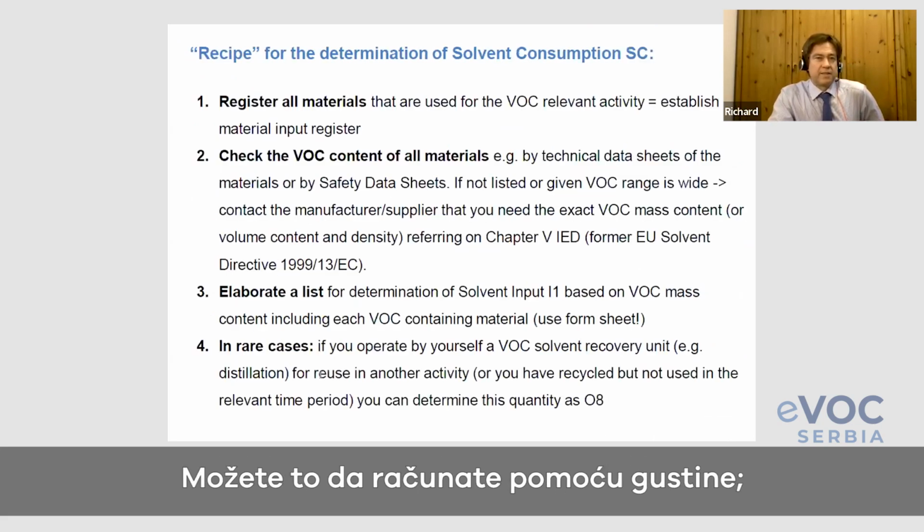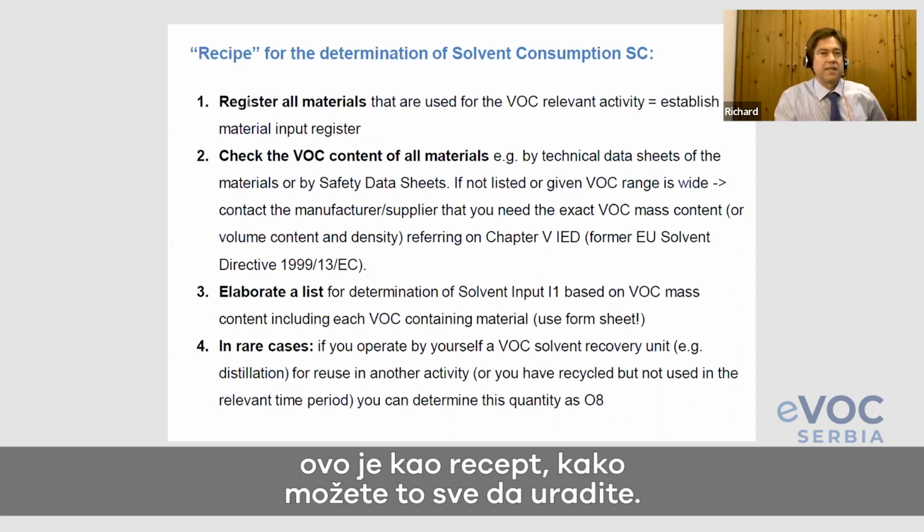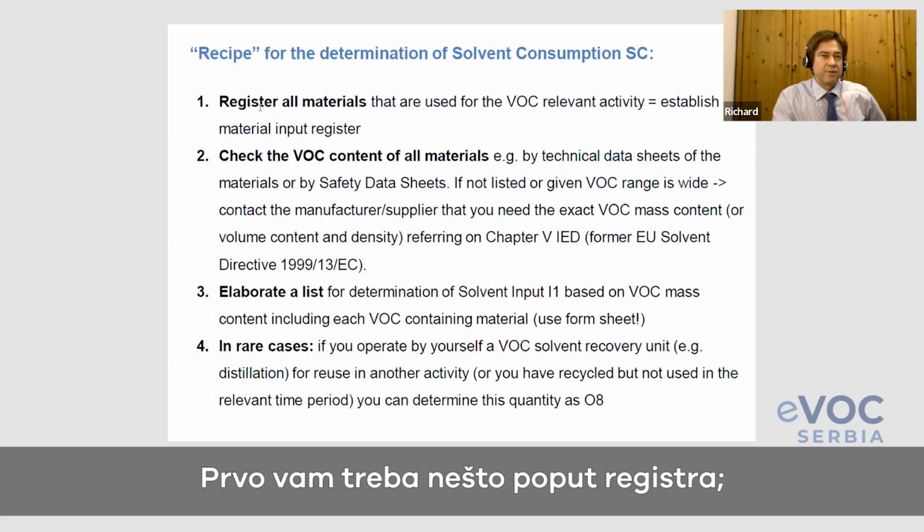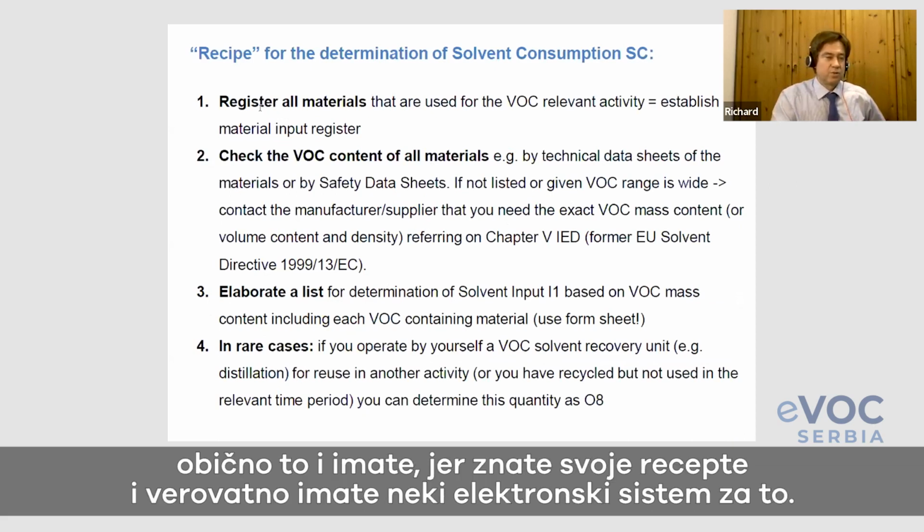Yes, you can calculate it by the density. So here's something like a recipe for how you can proceed. First, you must have something like a register. Normally you should have something like an inventory, because you know your recipes, ideally on an electronic supported system.